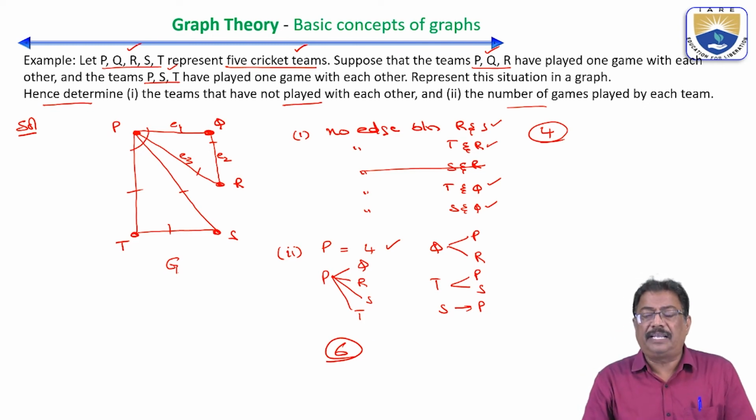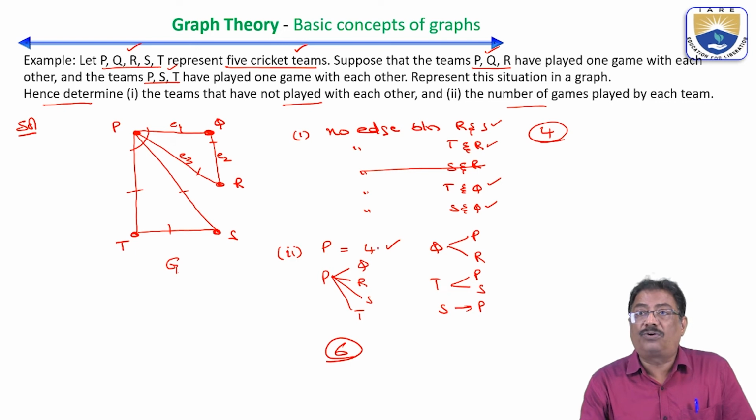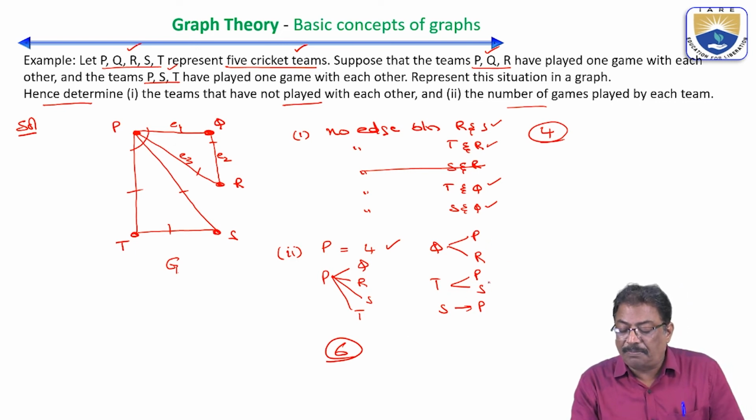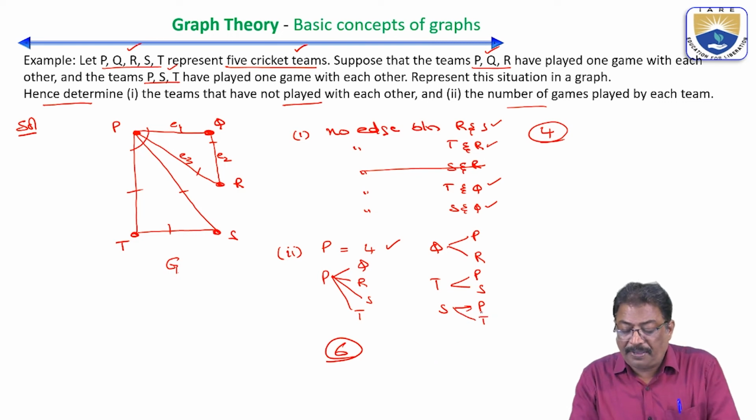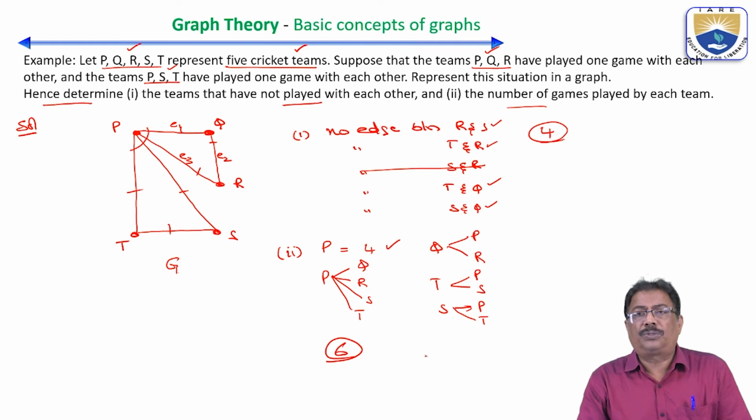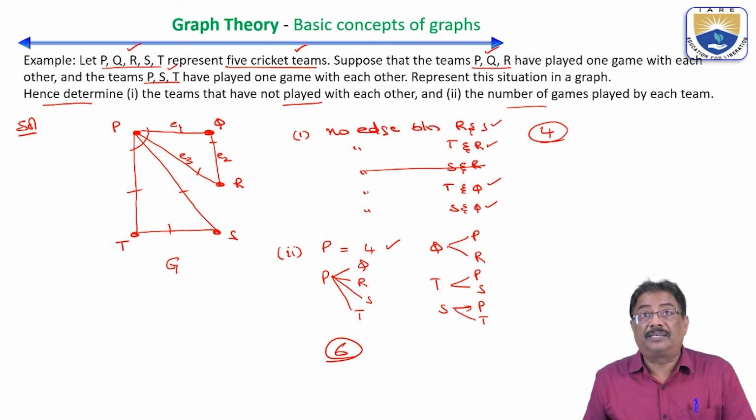Each team: P is played 4 matches, Q is played only 2 matches, T is played only 2 matches, and S is played with P as well as T. Like that you can determine that. So the total matches are nothing but the number of edges. Like that you can solve this type of problems.